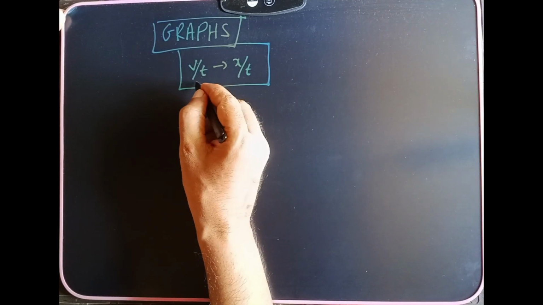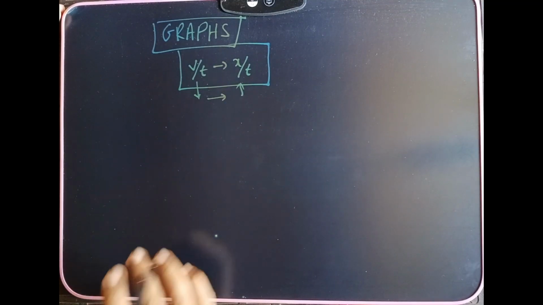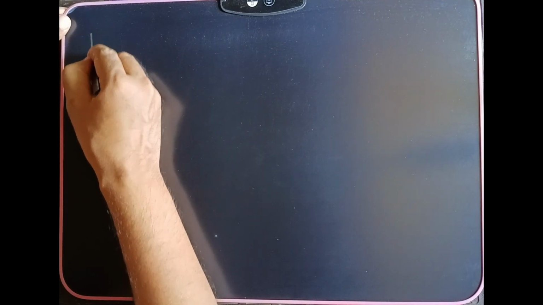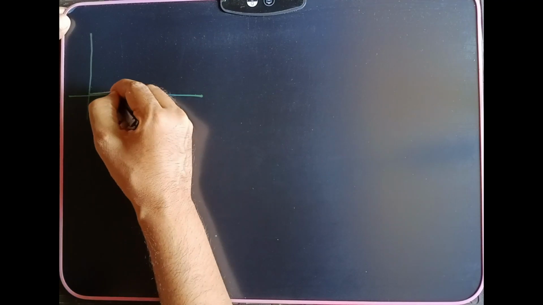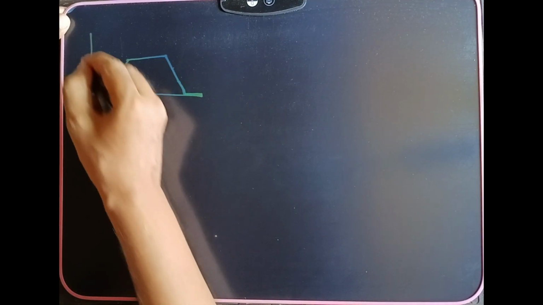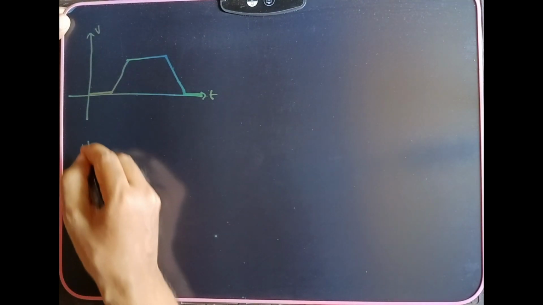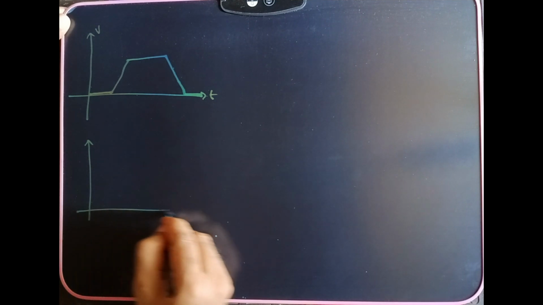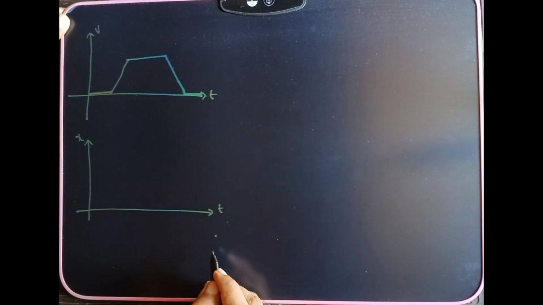This is velocity time graph to displacement time graph. So let's begin. We'll take the same graph. This was the velocity time graph which we had seen in the previous session. Velocity time, and then now we need to get the displacement time graph x t, right?